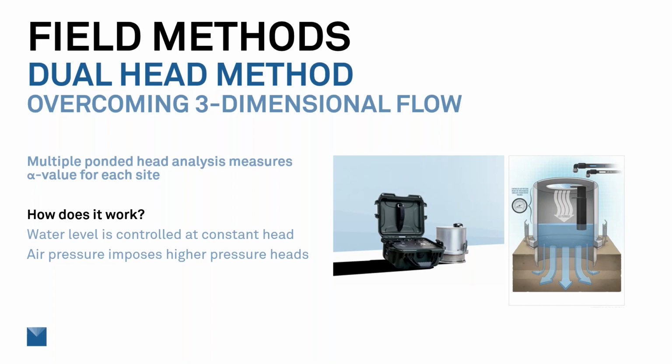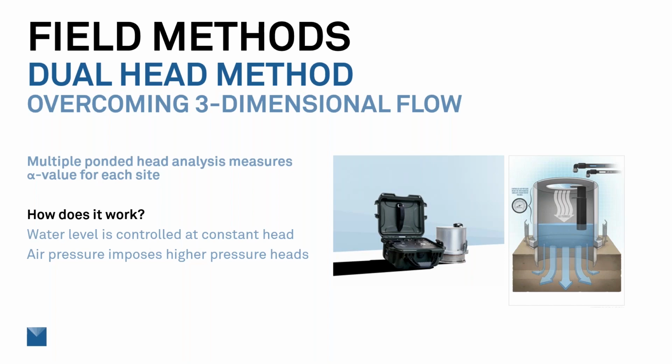With this approach, we infiltrate water at two different pressure heads, and that allows us to actually measure what this alpha value should be and do a direct correction for three-dimensional flow for each individual site. So we're not having to guess what the soil type is, which really simplifies the workflow and reduces the potential for error in the measurement.